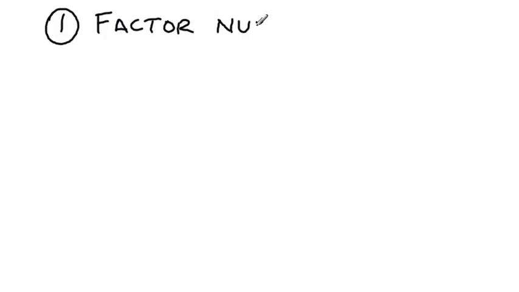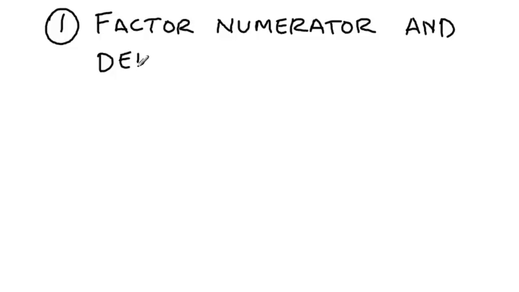So the steps in order to do so. Step number one, and just write these down, we'll talk about these in a second. You first want to factor the numerator and the denominator. Since we're talking about the numerator and denominator, we're obviously looking at rational functions.